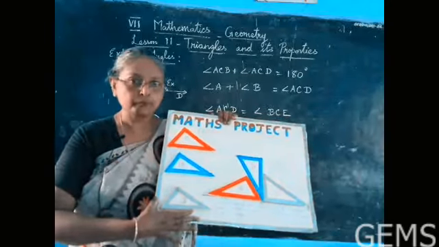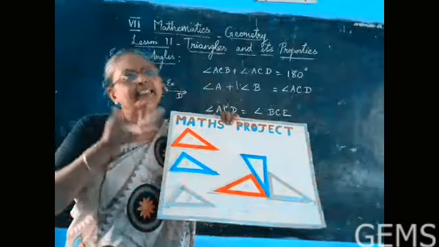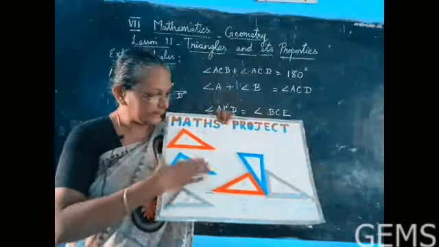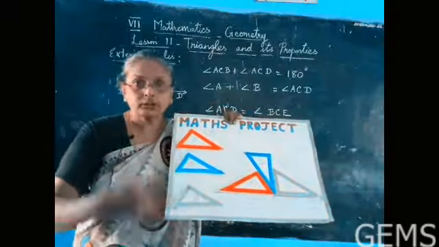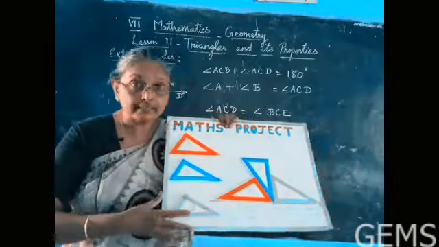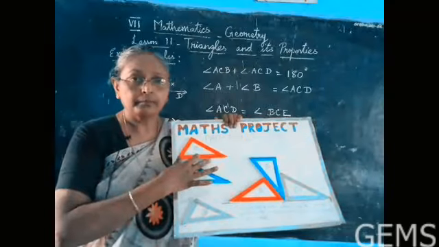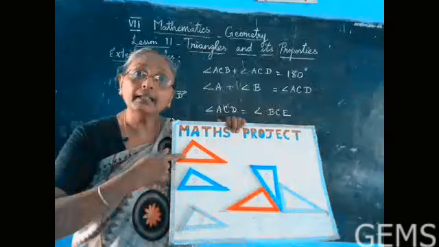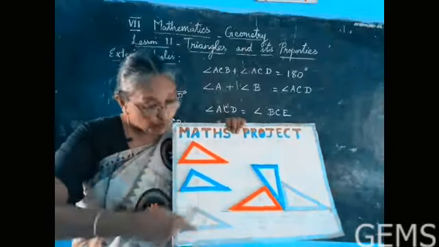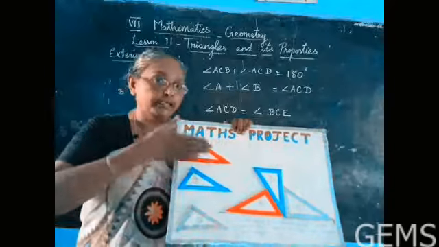You can take any length, any three measures for the triangle. It need not be an equilateral triangle. This can be any triangle. Please understand my point. This can be any triangle, and you have to make two more triangles which are of the same type.